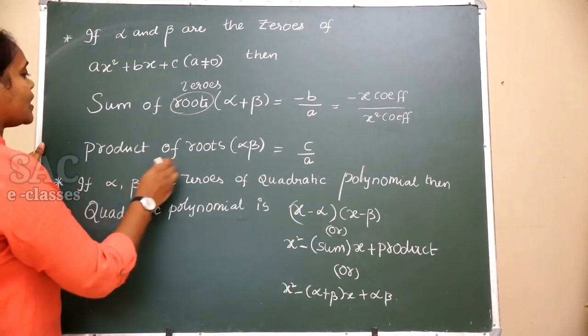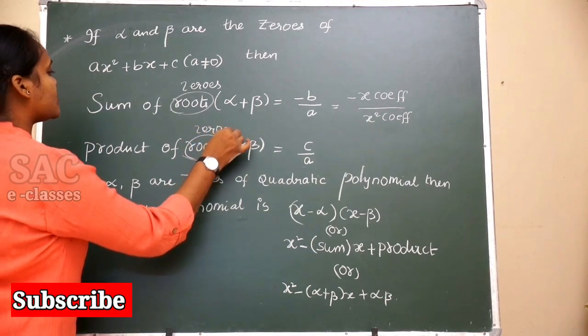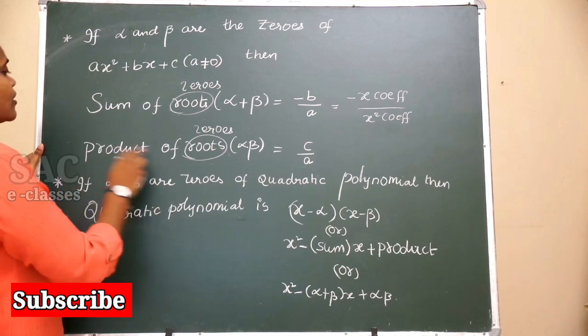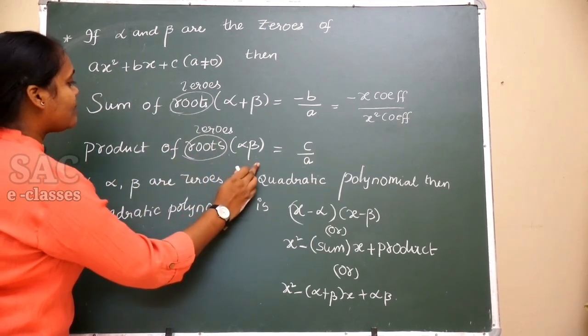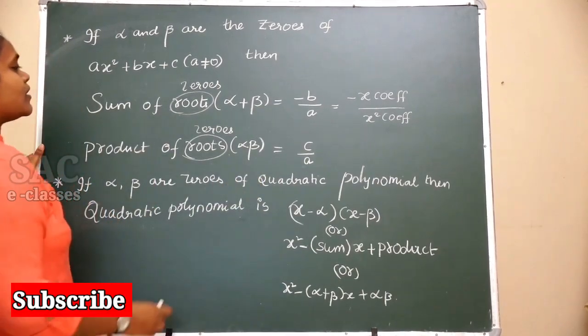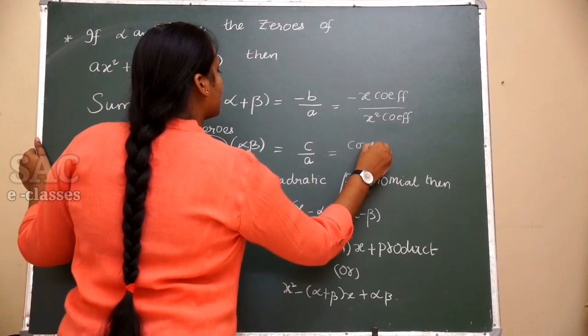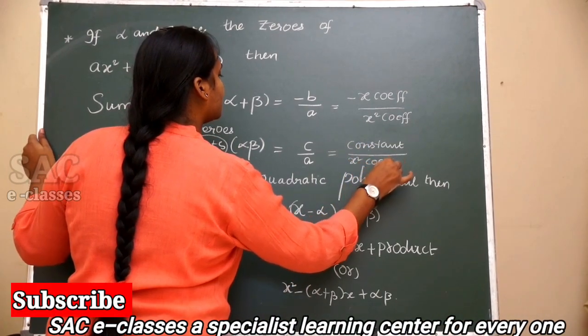In the same way, the product of the roots, nothing but the zeros, alpha into beta, is equal to c by a, which is the constant term divided by the x square coefficient.